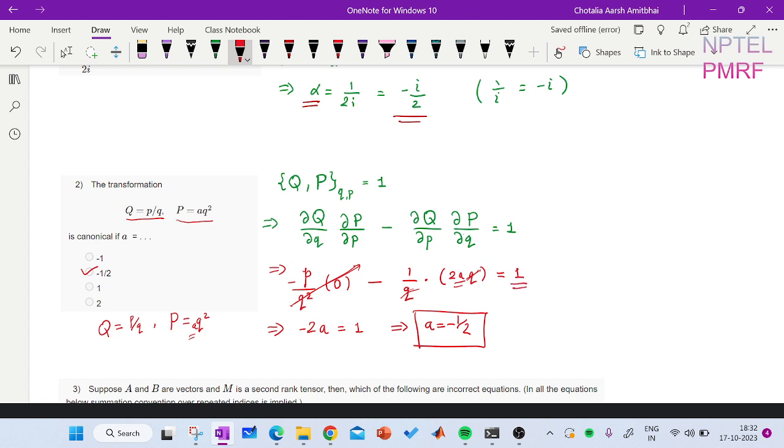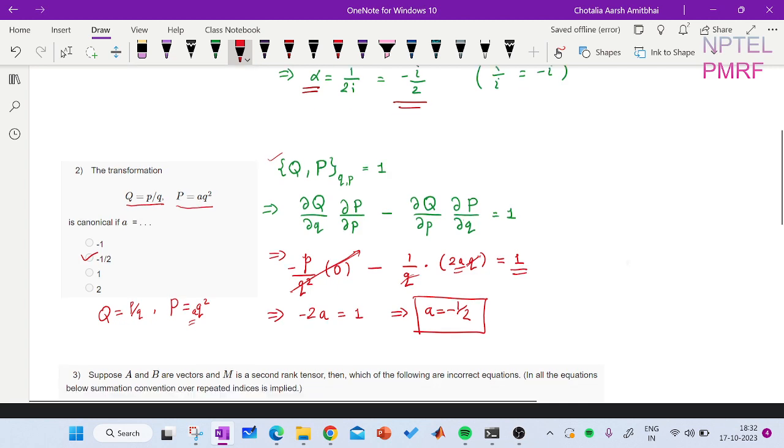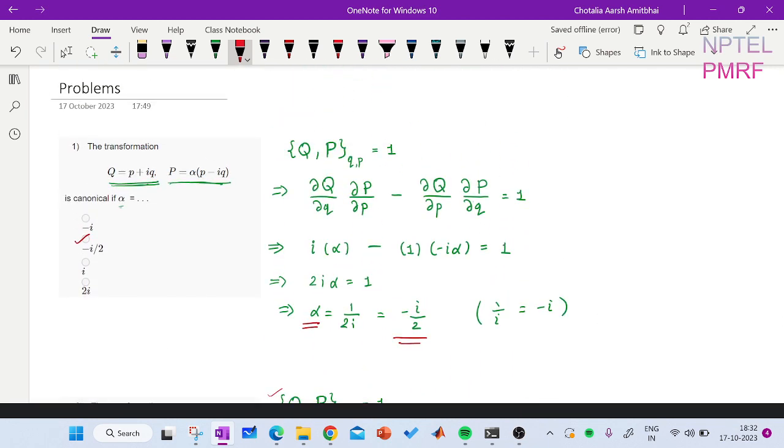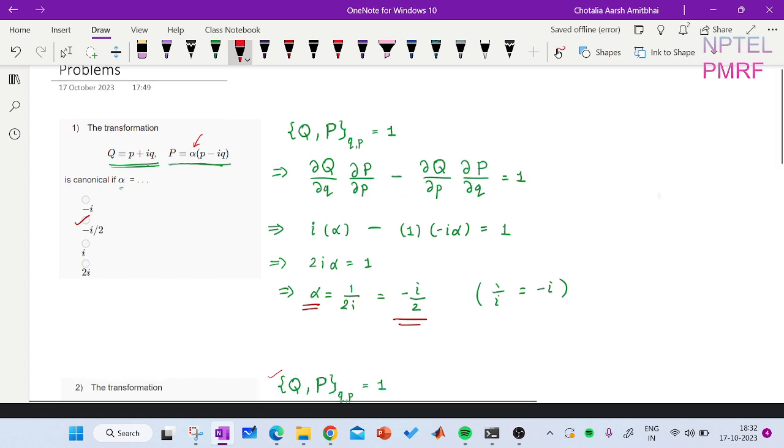So you have to get rid of p and q in this Poisson bracket. Okay, but this is one of the ways in which you can find out. Here also we had a factor of alpha, and once you know the alpha, then you have the canonical transformation.